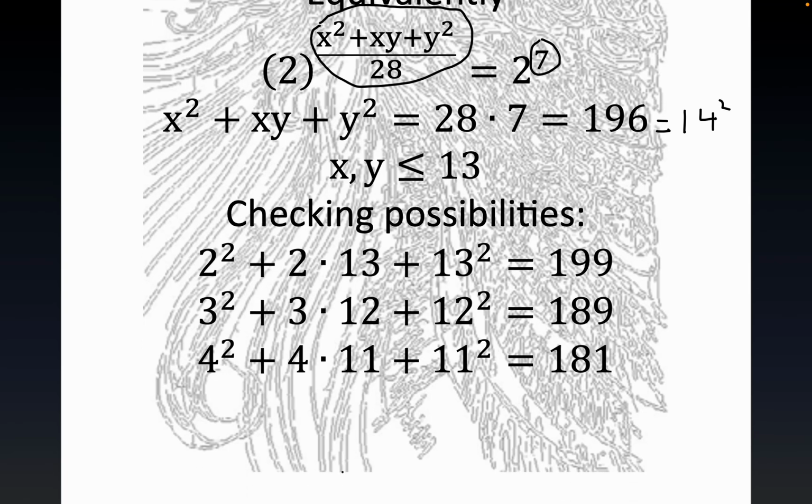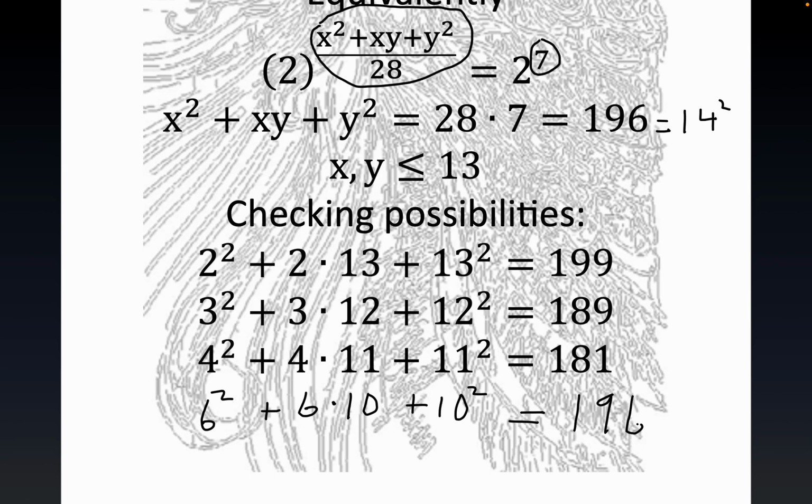I'm not going to write down every single one, but what I finally got as a solution is 6 squared plus 6 times 10, the dot there to connote multiplication, plus 10 squared. And you can check that that does add up. This is 100, this is 60, this is 36, so that adds up to 196.